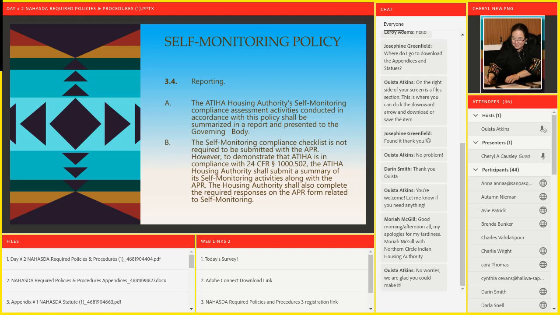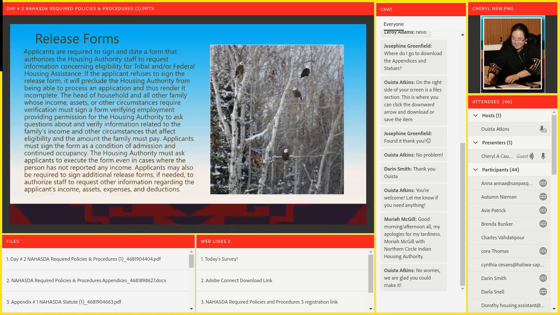The self-monitoring compliance checklist is not required to be submitted with the APR. However, to demonstrate that the ATIHA is in compliance with 24 CFR Part 1502, the Housing Authority shall submit a summary of its self-monitoring activities along with the APR. The Housing Authority shall also complete the required responses on the APR form related to self-monitoring.